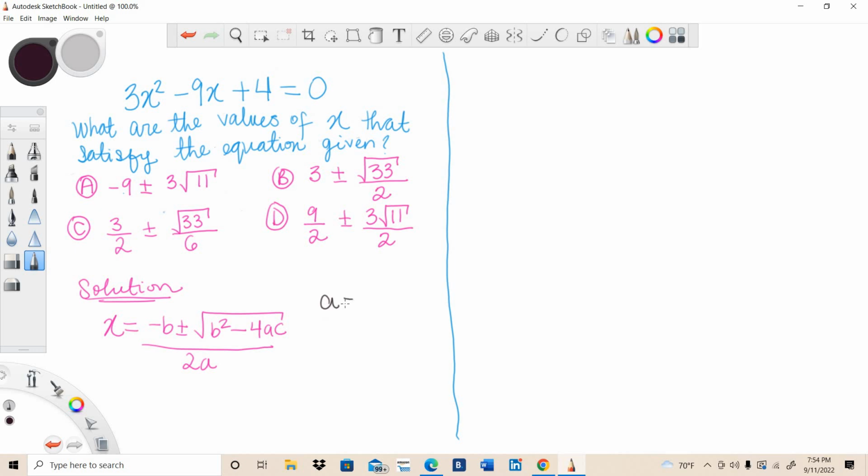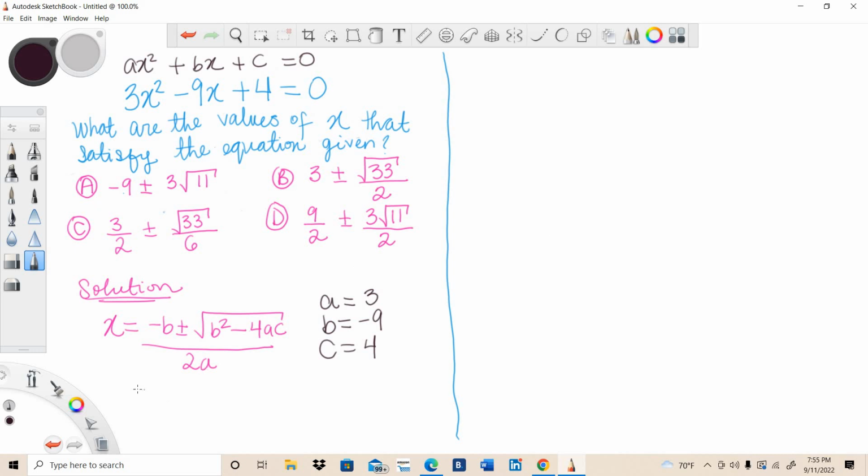So the value of a, as in ax squared plus bx plus c equals 0, is positive 3, the value of b is negative 9, and the value of c is positive 4. So now that we have all of this information, all we have to do is simply substitute.